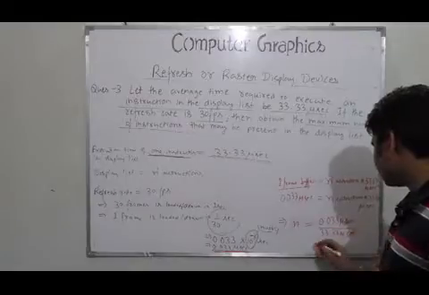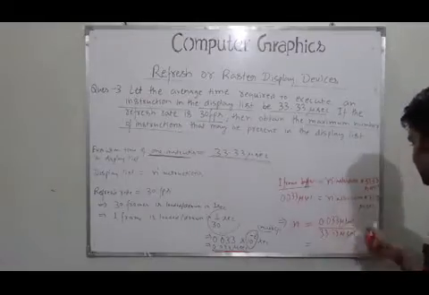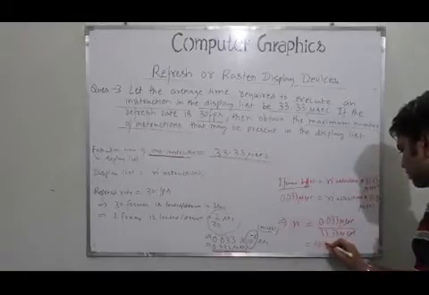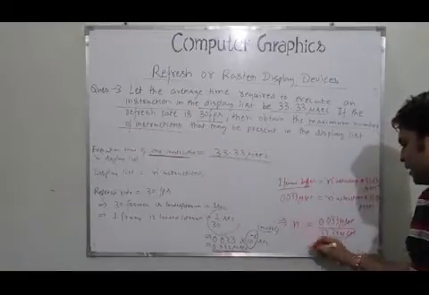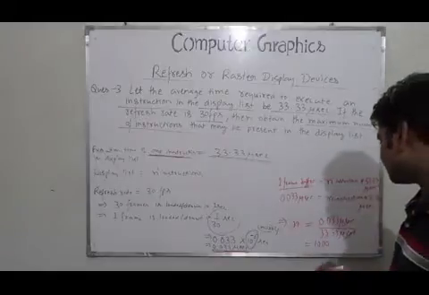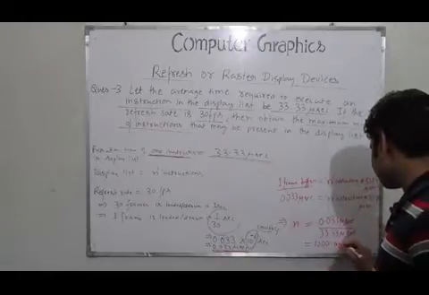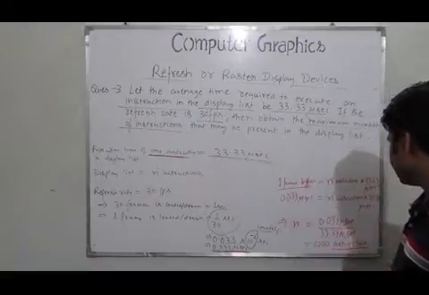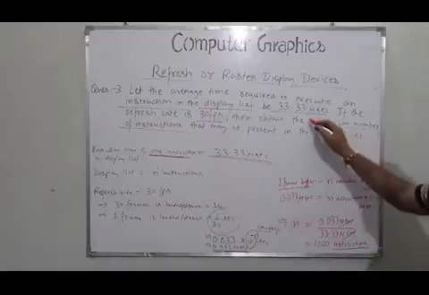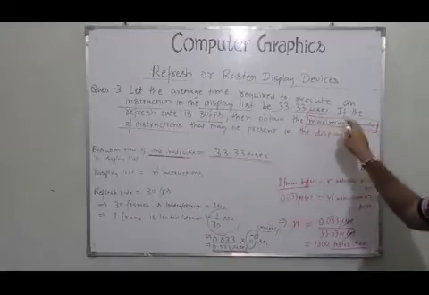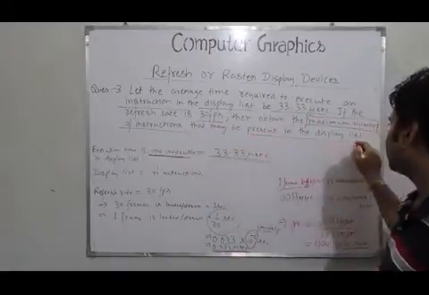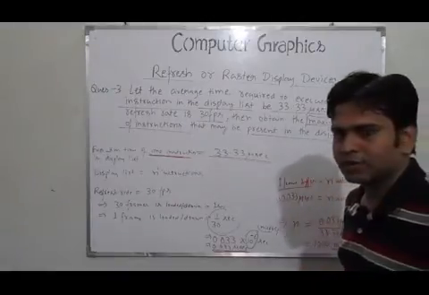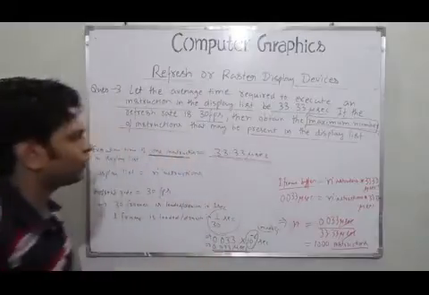This will be cancelled out, and after solving this we obtain the answer as 1000. That means n is equal to 1000. There would be 1000 instructions in the display list. So this is the answer to this question that we have obtained.